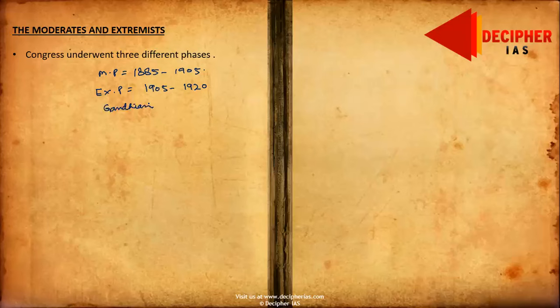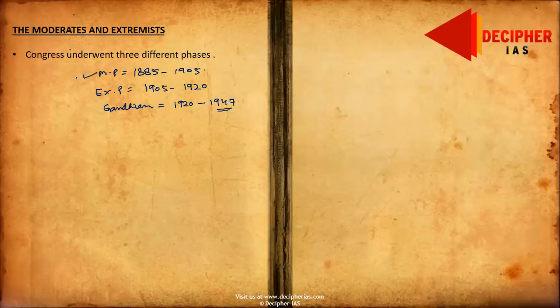So the Congress saw the rise of Gandhi, and this period went on from 1920 to 1947, till the independence of India. So let us first take the moderate period in the history of Indian National Congress.